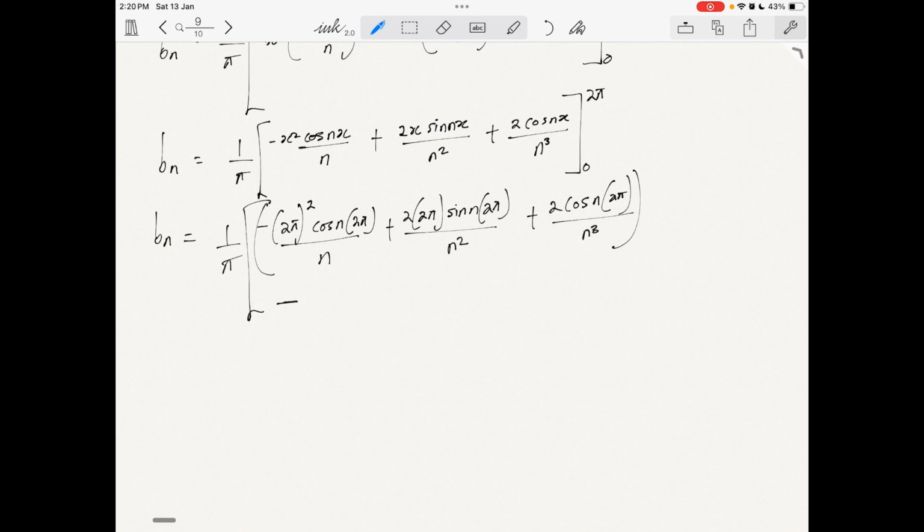Then we move on to the lower limit of 0. So wherever we see x in this equation here, we add 0.